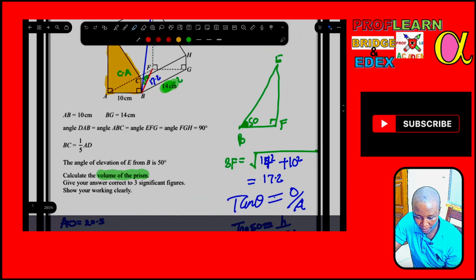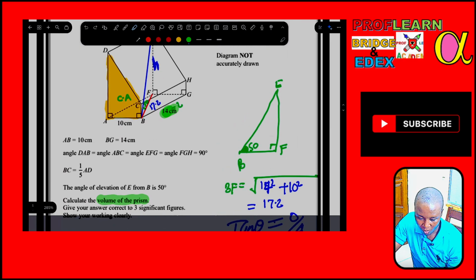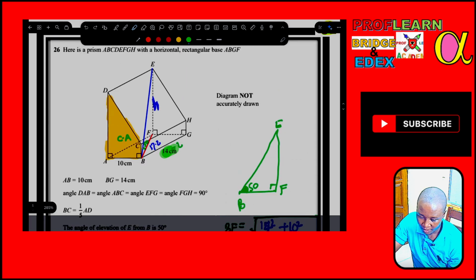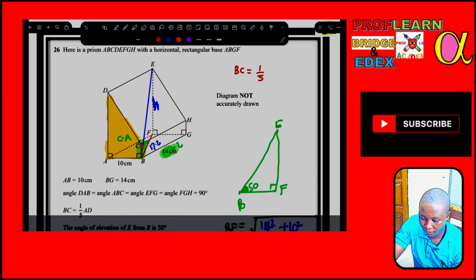So what does that mean? BC, where is BC? We have our BC well seated here. This is BC, this one here. So BC is equal to 1/5 AD.